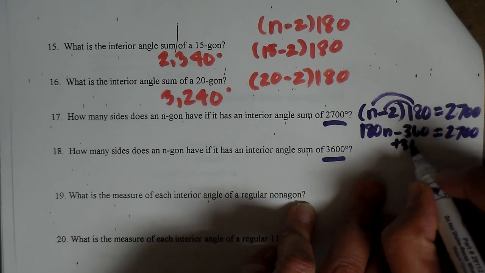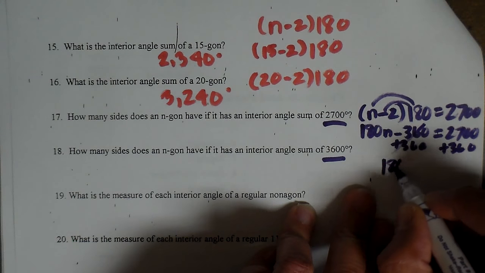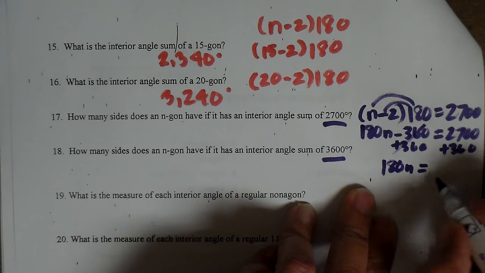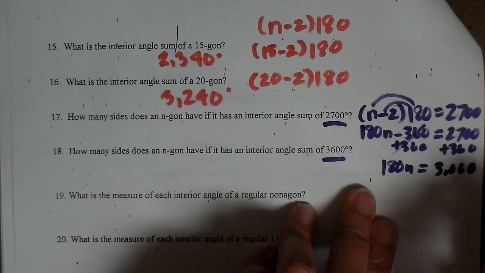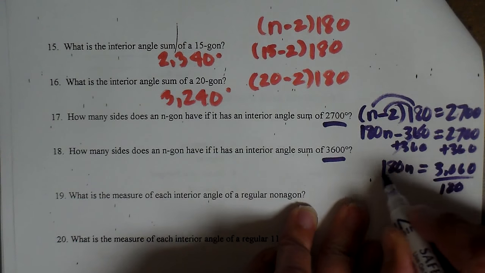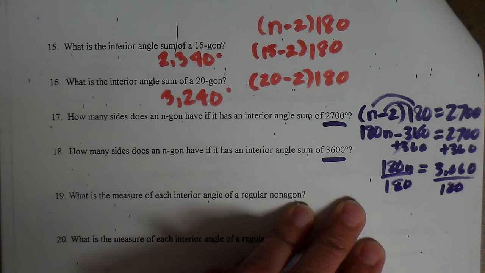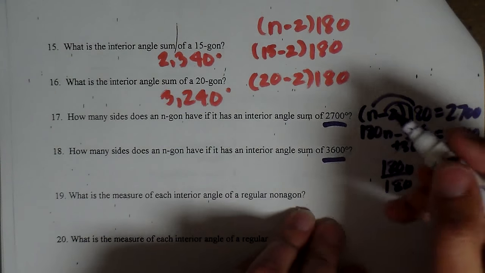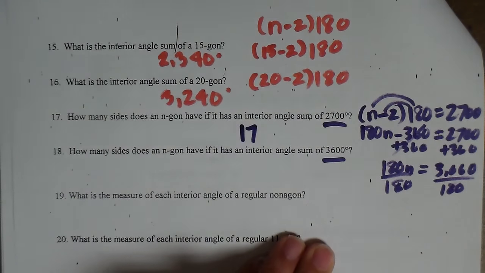Then I would add 360 to both sides, so I have 180 n equals 3,060. Then I'm going to divide both sides by 180. When I do 3,060 divided by 180, I get 17. So this has 17 sides.